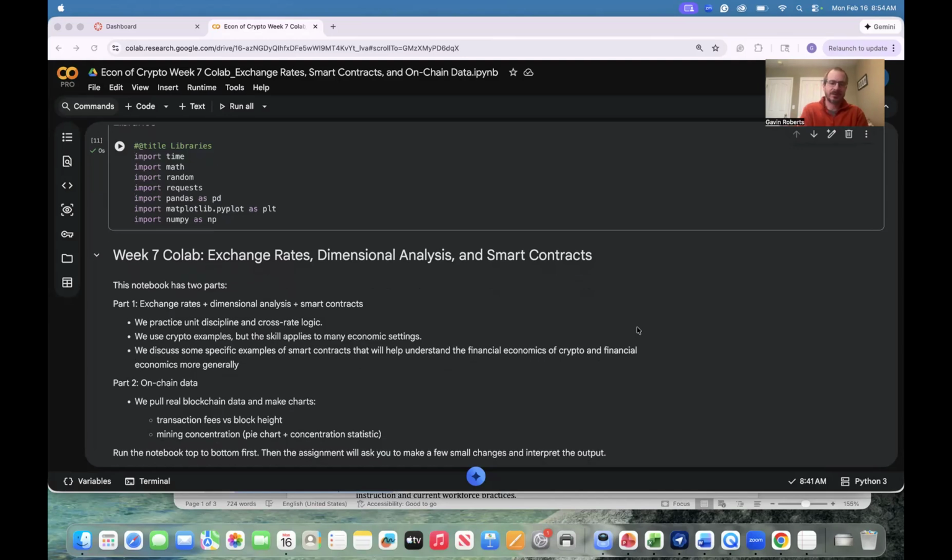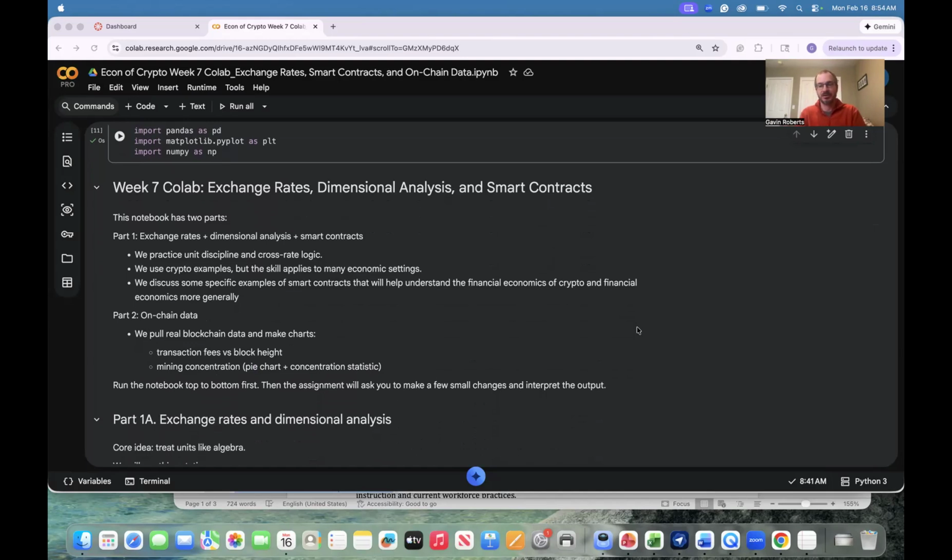So, for the first part of this lecture, we're going to be talking about exchange rates and something called dimensional analysis, which is a skill that is very multidisciplinary and shows up in all different types of places, including exchange rates. Then we're going to talk about smart contracts, which don't exist on the Bitcoin blockchain but exist on the Ethereum blockchain.